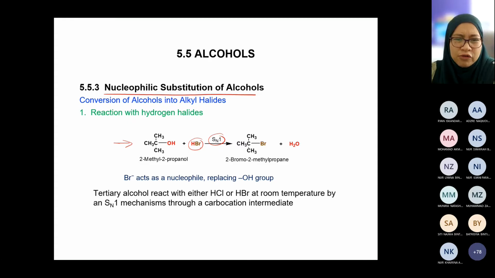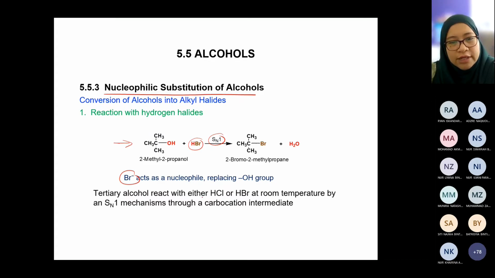HBr is not that powerful. Tapi we know that when tertiary carbocation is formed, dia dah very unstable. Dia akan react dengan siapa-siapa yang ada dekat kawasan tu, walaupun orang tu tak powerful enough. Okay? Sebab dia is already in unstable state. So Br minus act as the nucleophile, replacing the OH group.